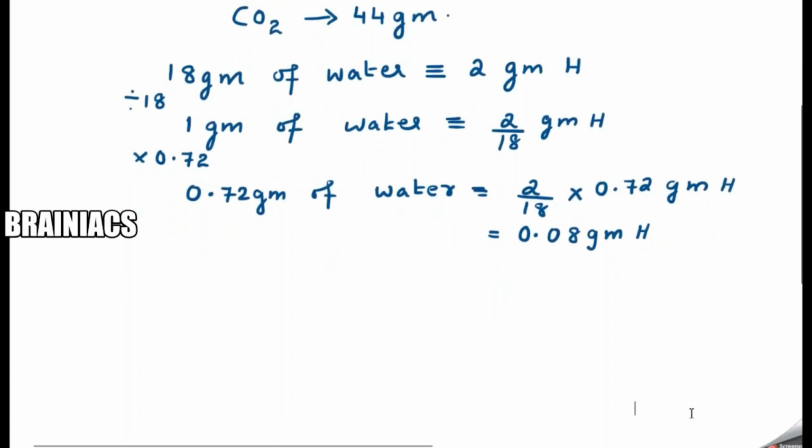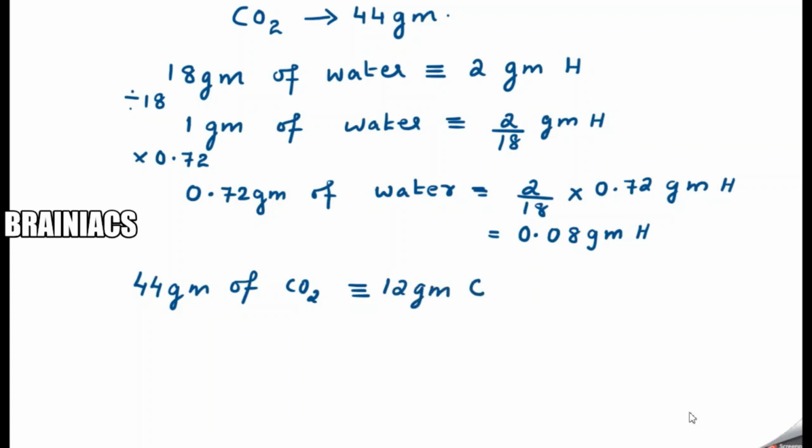So we will write here 44 gram of CO2 has how much amount of carbon present? We know 12 gram of carbon is present. So let's find out for 1 gram. For that we will divide by 44 on both sides.